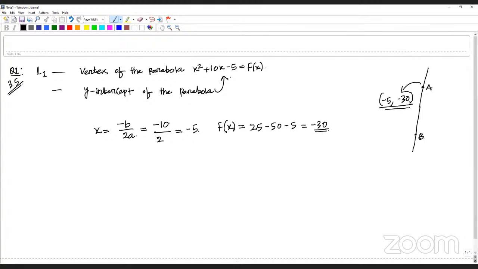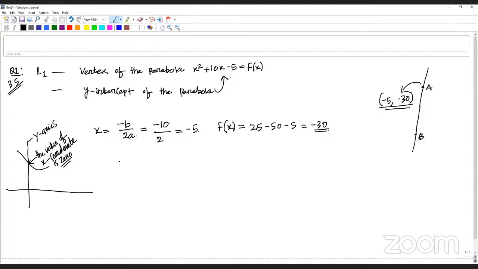So how can I get the y-intercept of the parabola? By putting x equal to 0. When I'm saying that my parabola crosses the y-axis, that means at this point the value of the x coordinate is 0.